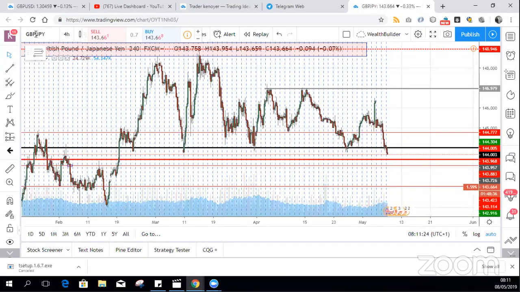We're just going to obviously push down a little bit, induce more sellers, and then potentially have a buy opportunity.